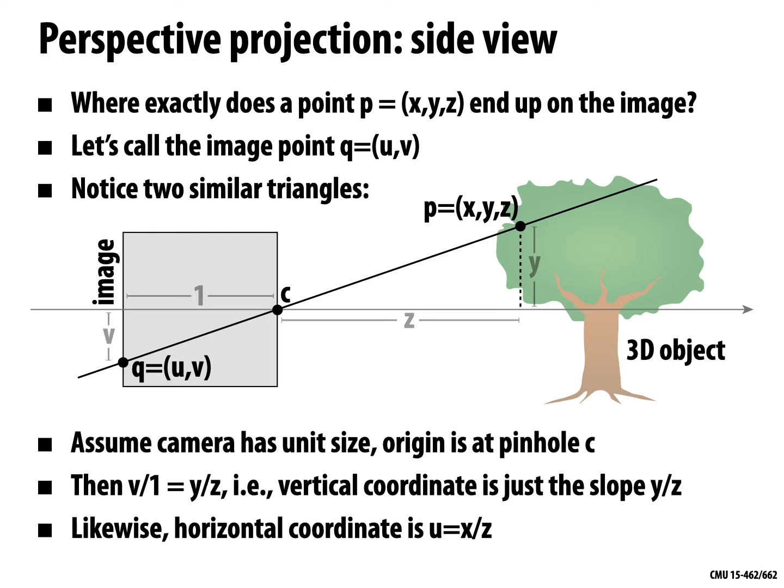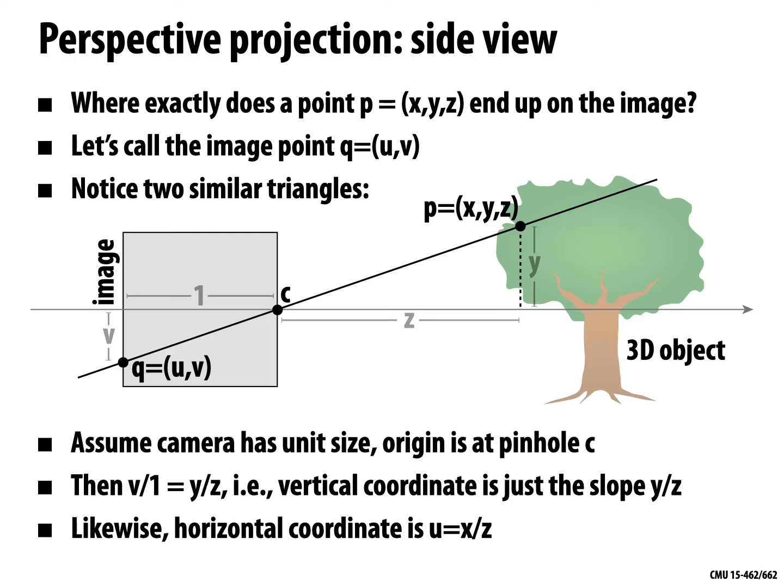But the important thing is the result we got agrees with our day-to-day intuition. What do we notice? That if we have this point on the tree, x, y, z, and z starts getting bigger and bigger and bigger, what happens to u and v?